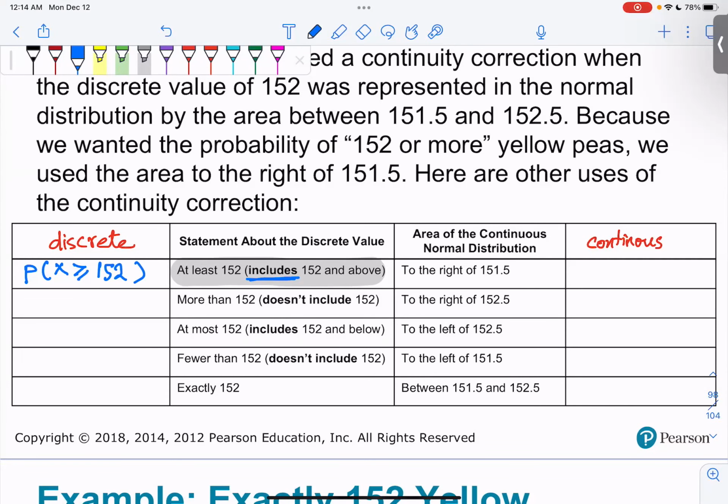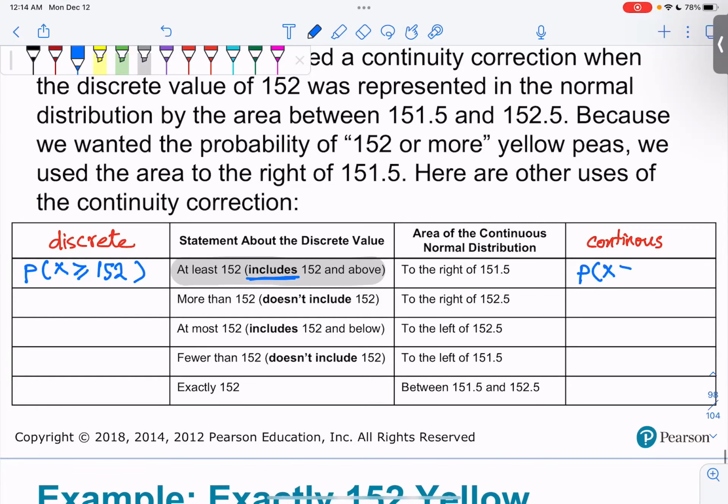Since we include 152, we have to make sure that we start from 152, so X will be greater than 151.5. Remember that whether we put the equal sign or not, in this case it is the same, since the probability of X equal to 151.5 in the continuous case is 0, right?